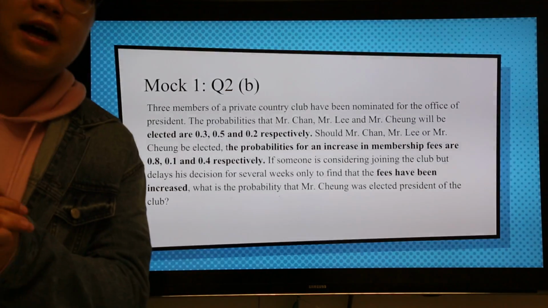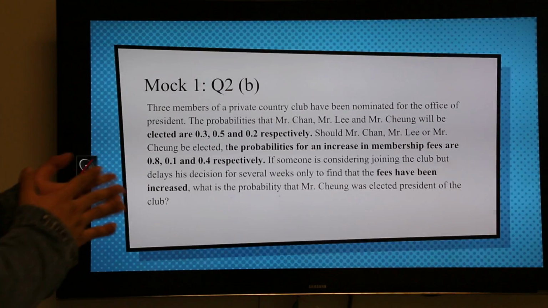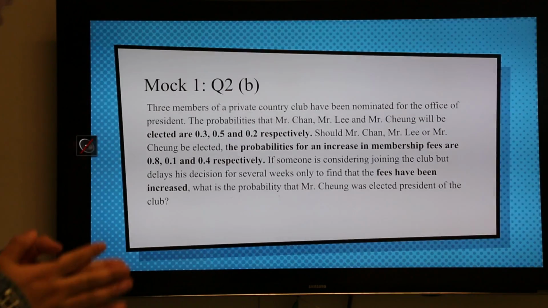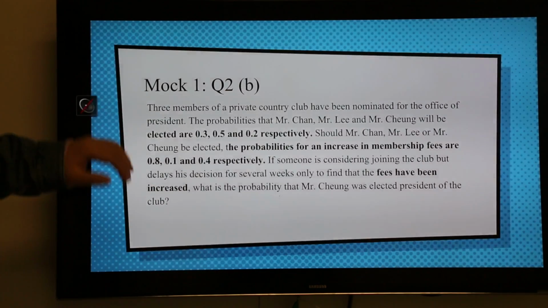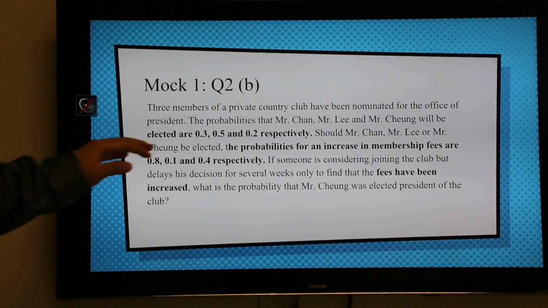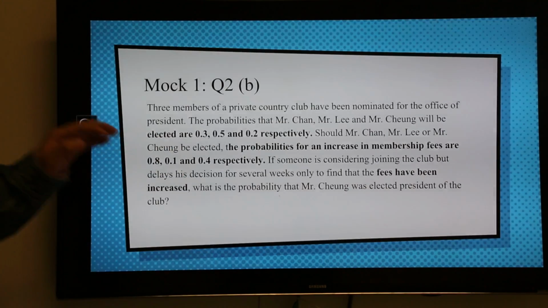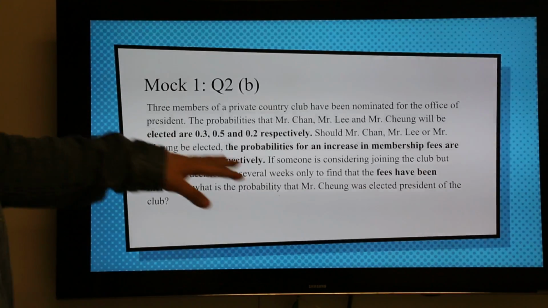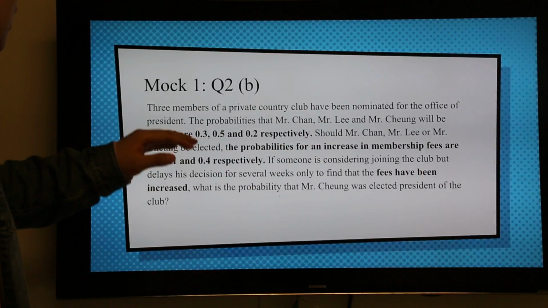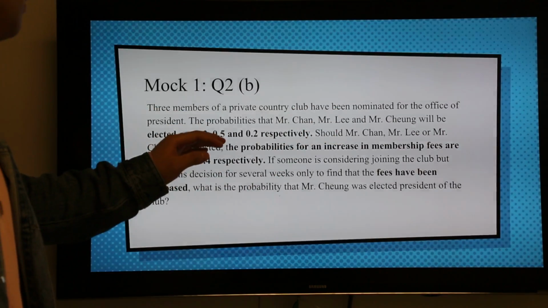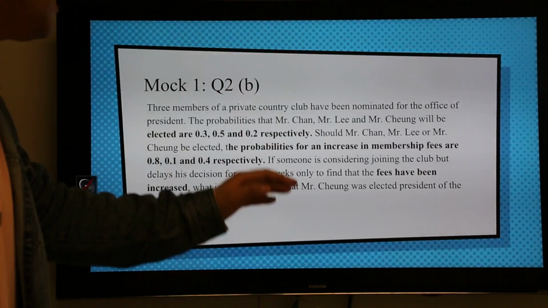Hello everyone, I'm Davis and my question is Mock 1, question 2b. Firstly, we can see the content of this question, and I have highlighted some important items like Mr. Chen, Mr. Lee, and Mr. Chen will be elected at 0.3, 0.5 and 0.2 respectively.